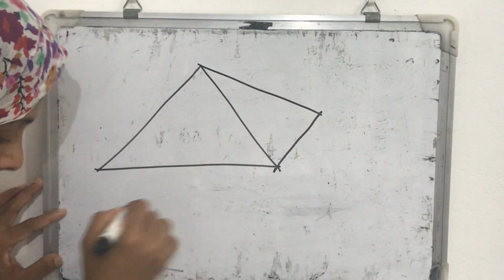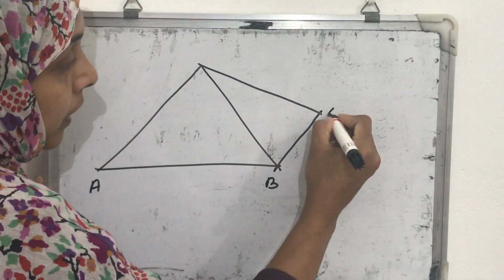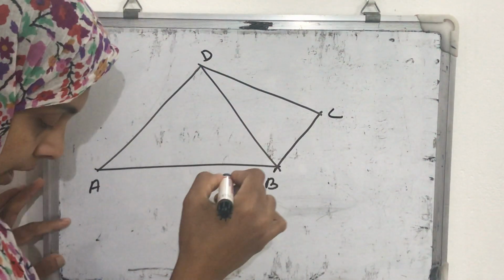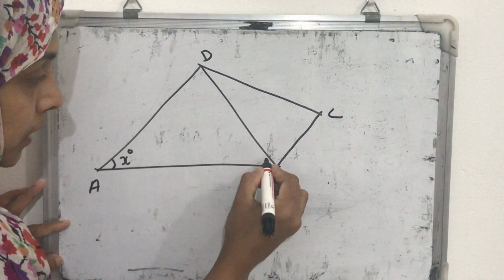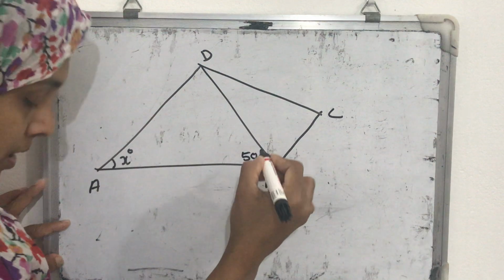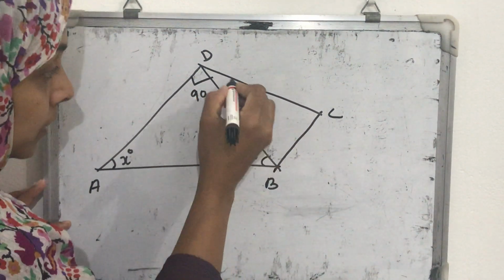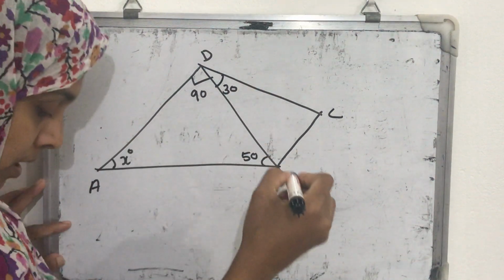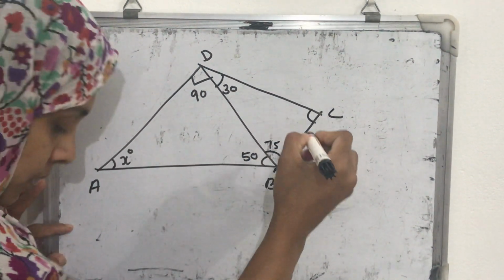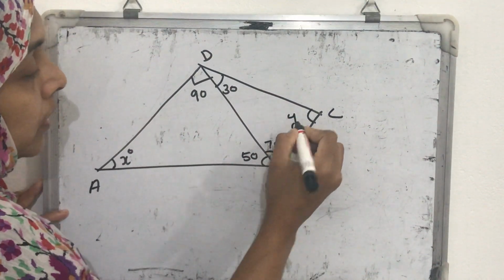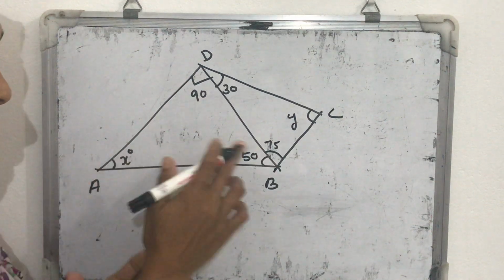This is the given figure: A, B, C, D. This angle is given as x degree, this is given 50, this is 90, and this 30, next one this 75, and this is y. So the unknown angles we want to find out are x and y.